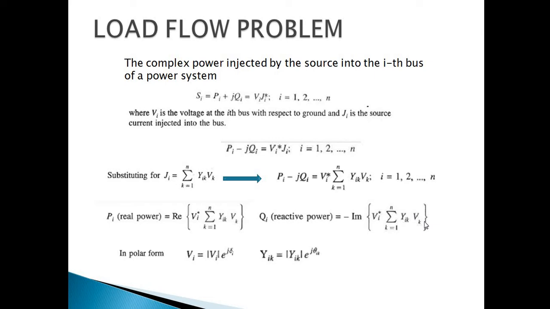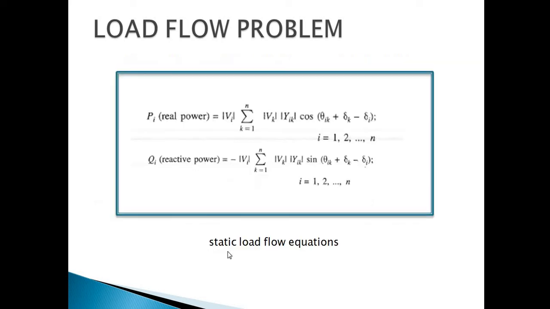Now here it is V star. V star will also be in this format, but since you have a star, you will have a minus in the delta. Hence here you see, delta theta ik plus delta k minus delta i.